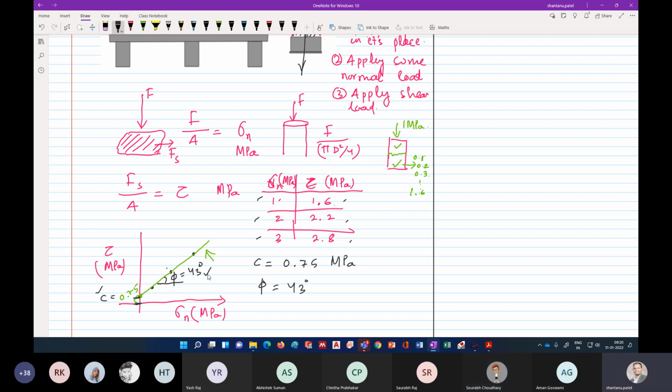Yes, sir. Okay. So this one we are going to use for our stability analysis of the wedge, along with our density. What is density?